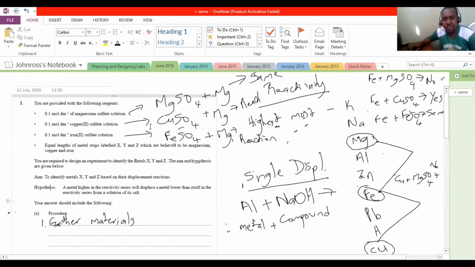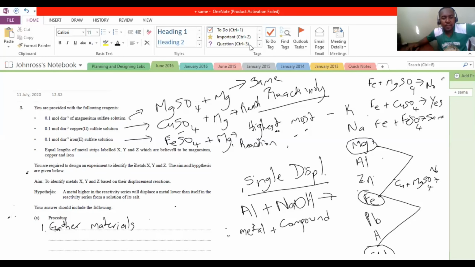Let's put it up so you can see. After we gather the materials, what would we do with these materials? Place another metal into one of the solutions and observe. I don't know. Well, you're kind of on the right track.